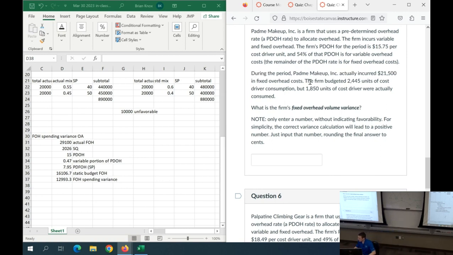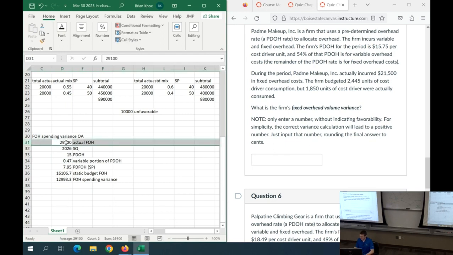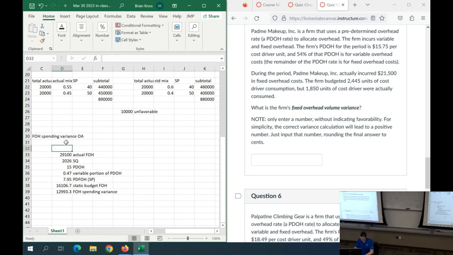We're doing volume variance, so we're doing static budget minus the applied cost. And in this case, I actually want to use the more algebraic method. FOH spending variance equals actual cost minus static budget cost. Let's put that in quickly to summarize what we said.